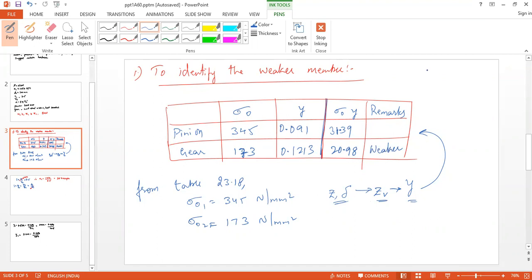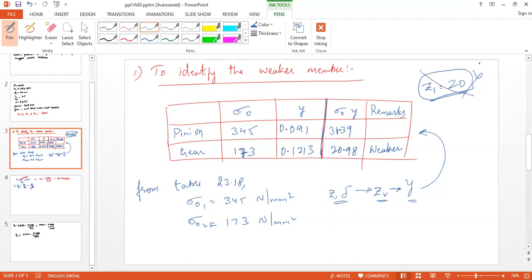So what is the value of Z1? We assumed 20, sir. See, the 20 is not the actual value of Z1.